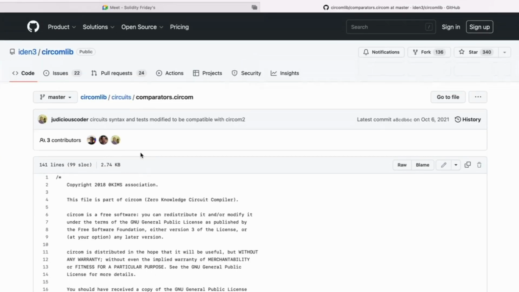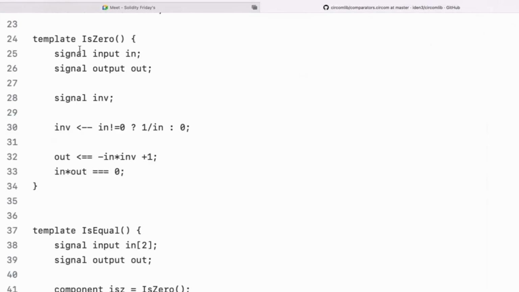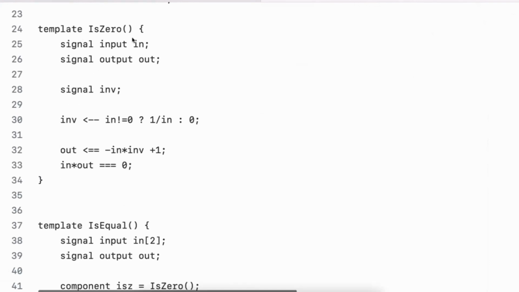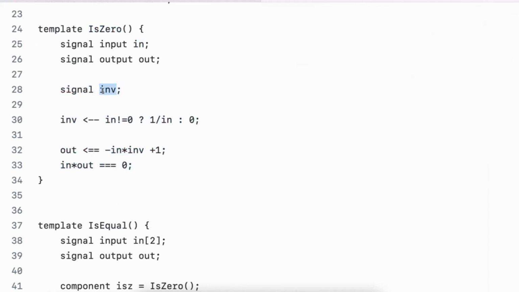So yes, in circomlib there are comparators, and if you want to prove that an input is 0, you need to run this circuit, which has this intermediate signal called inverse, I'm supposing.